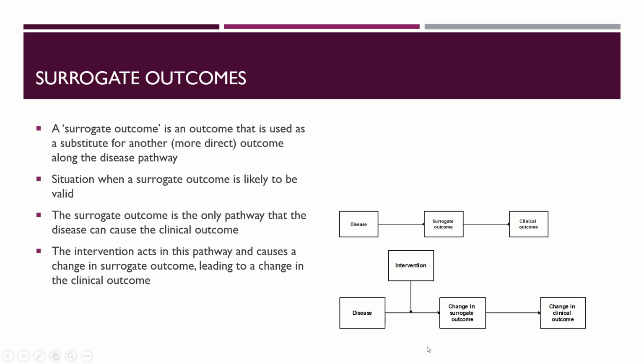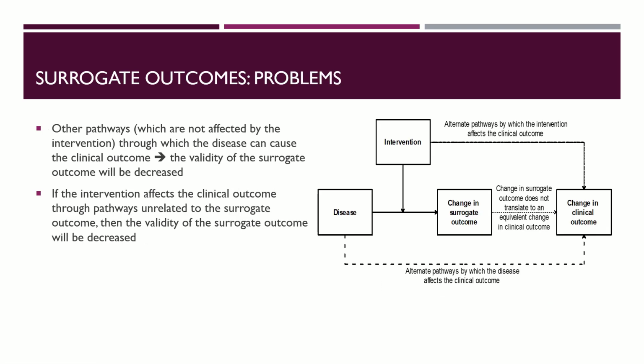We are now talking about the ideal scenario when the surrogate outcome is likely to be valid. But what happens in reality? What are the problems with surrogate outcomes? There are other pathways, not affected by the intervention, through which the disease can cause the clinical outcome. That means the validity of the surrogate outcome will be decreased.